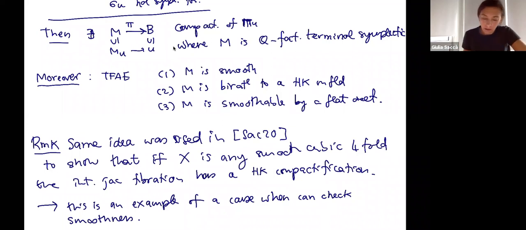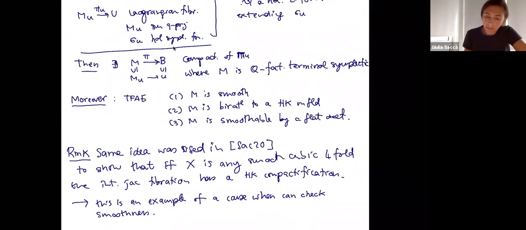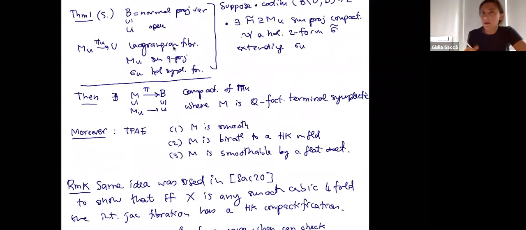And so a good thing about this theorem is that it's pretty general, and the assumptions are satisfied in several settings, and I'll give some examples in a little bit. But first of all, it's very inexplicit.